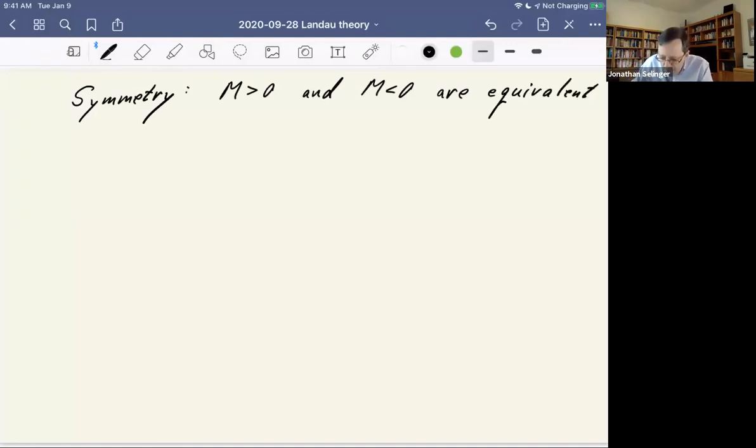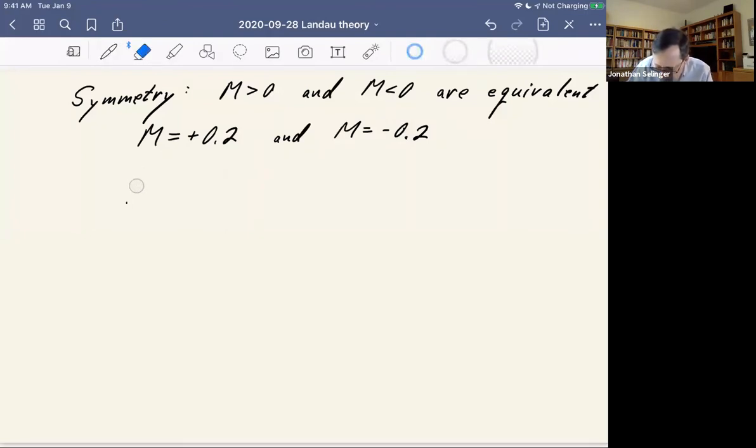That is, for example, m equals positive 0.2 and m equals negative 0.2, right? These are the same physical state, except that one of them is pointing up and the other is pointing down, right? So this one is mostly, well, I was about to draw spins, but I won't draw spins because I'm pretending I don't know about spins, right?